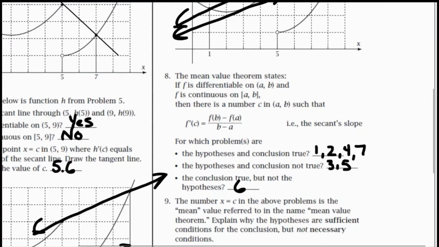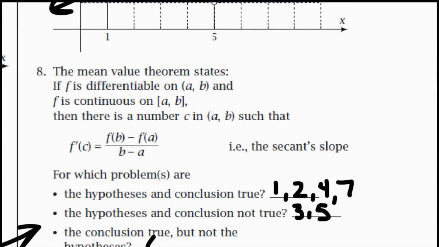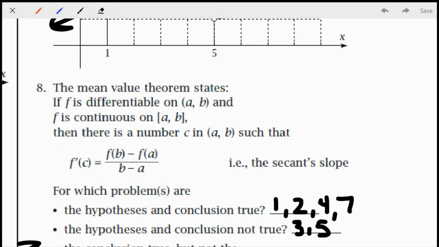So here's what the mean value theorem says. The mean value theorem says that if a function is differentiable on an open interval and continuous on a closed interval, then there's some number c within that interval such that, and you see this in mathematical notation, f prime of c is equal to f of b minus f of a over b minus a.